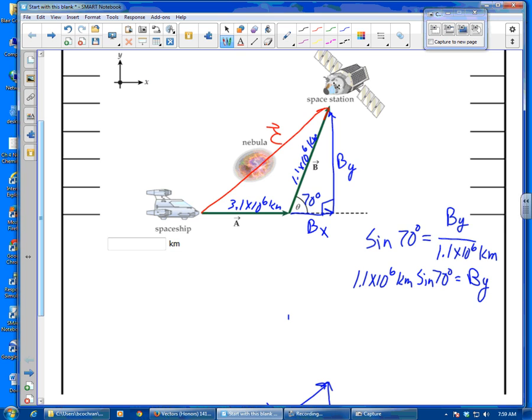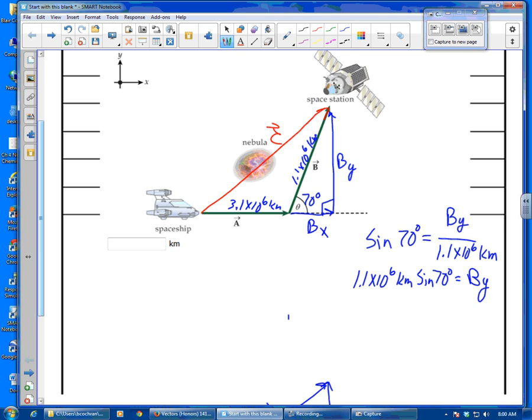Any questions on how I knew that? B sub y is the y component of B. Probably the most common mistake at this point is to forget that your calculator may be in radians from math class, and 70 radians is very different than 70 degrees. I'm going to leave mine in this form so I don't have to do any rounding.